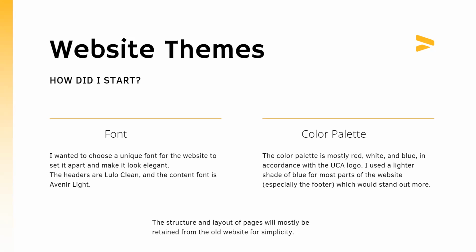As for the color palette, we based it off of the UCA logo, which has blue and red, as well as white. We used several different shades to make this contrast more apparent, as well as the structure and the layout of pages were mostly the same for ease of use for users who are used to the old website.